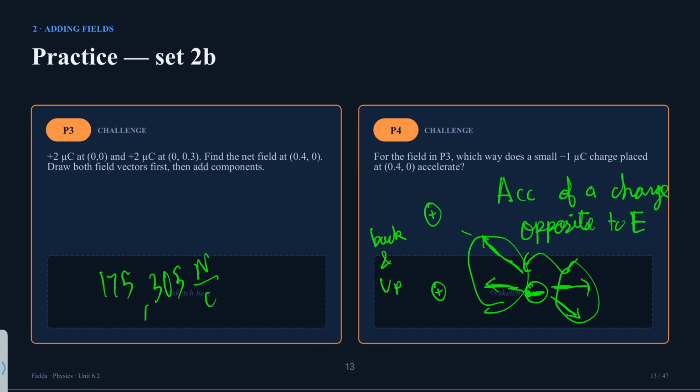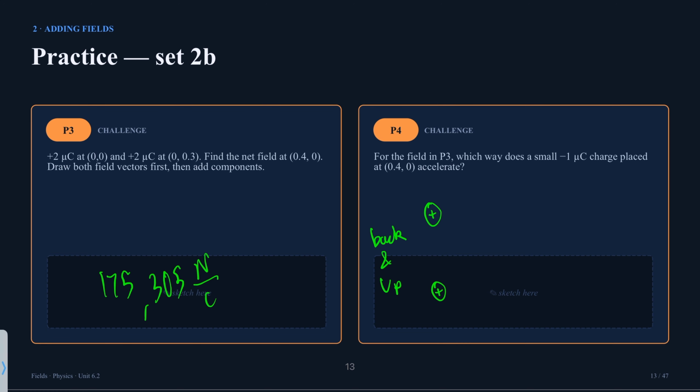So you have to be very careful here, because it does get a bit tangly depending on what you have. For example, if you had a proton here, it would just accelerate along the field, along the same downward direction here. But if you had, for example, an electron here, and then you had a proton here, then that would be a bit complicated.